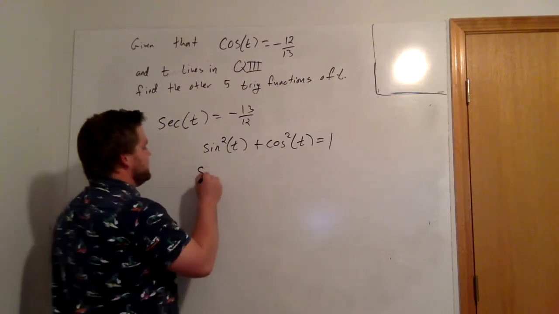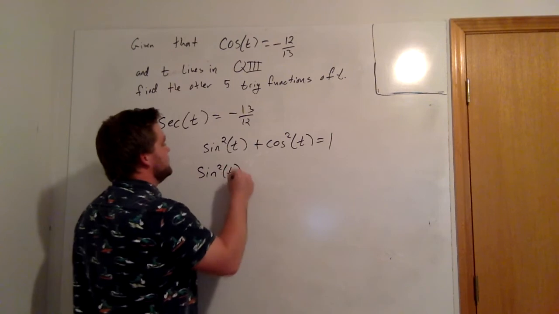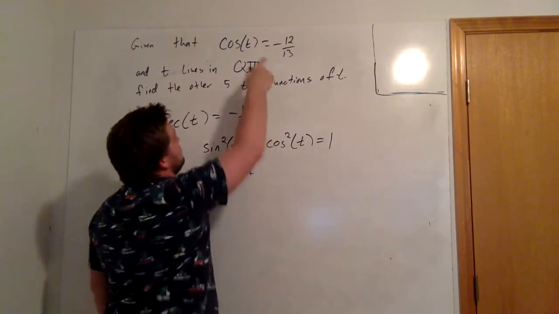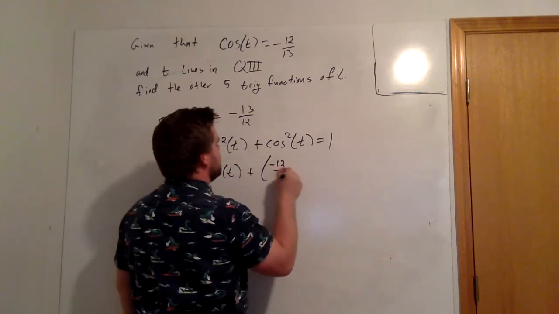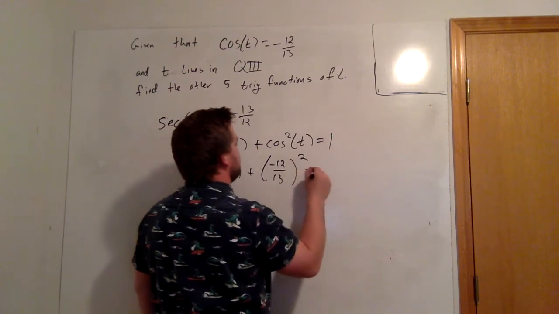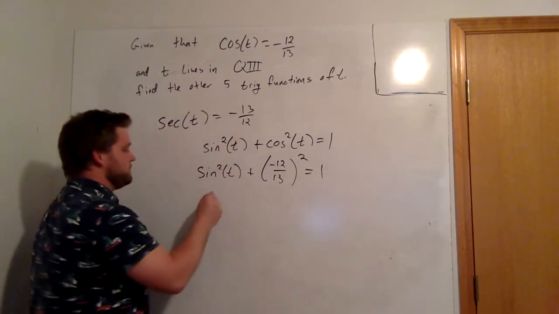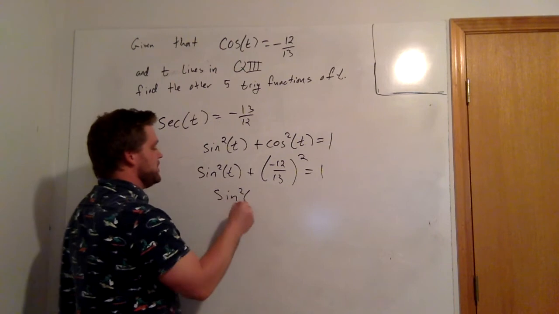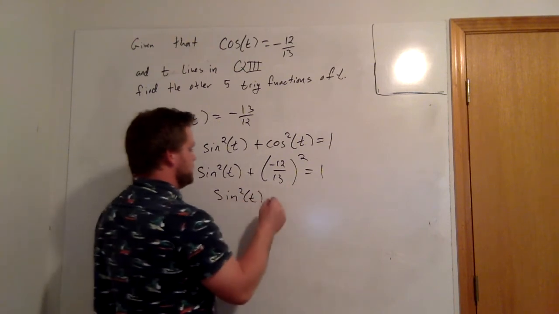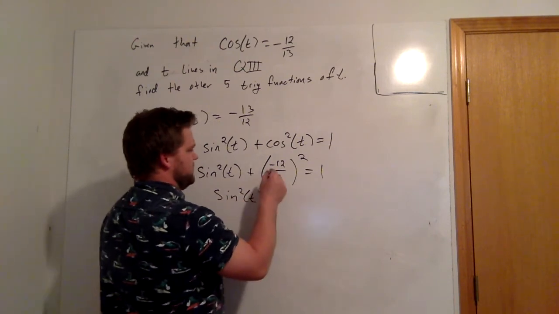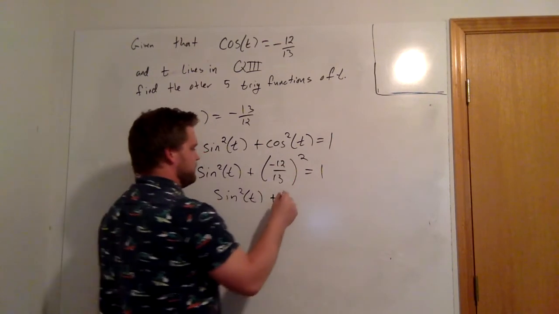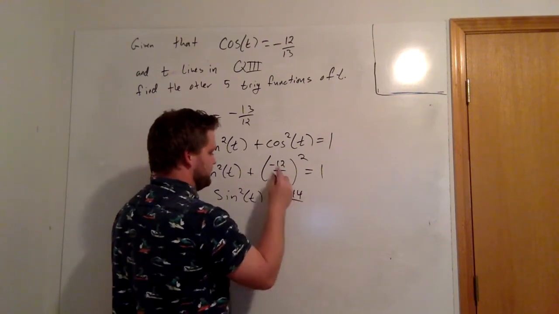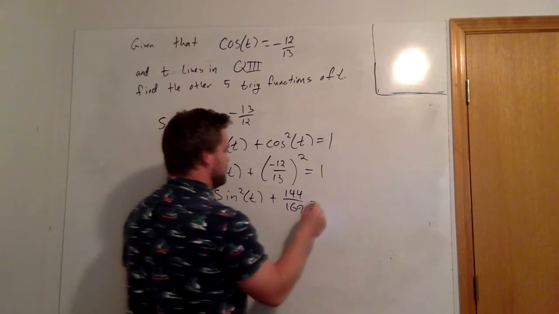Here, sine squared of t plus negative 12/13 squared will be equal to 1. Negative 12 squared is 144, and 13 squared is 169.